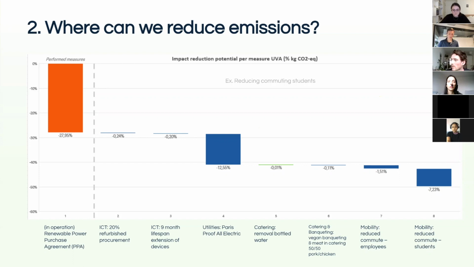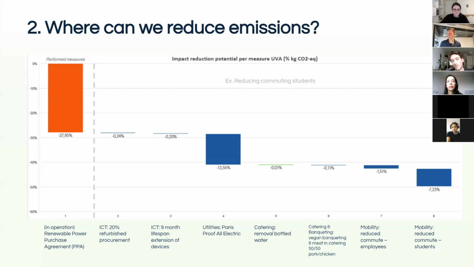Another strategy that they have in the pipeline is to look at their procurement operations or the procurement process. So for their ICT purchasing process, they are looking at potential things they can do to reduce the footprint.